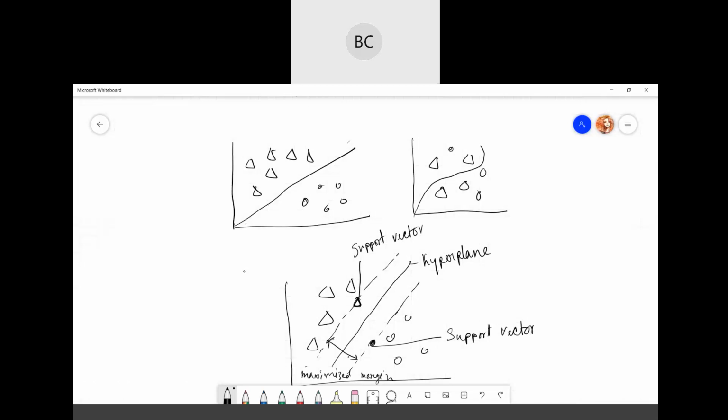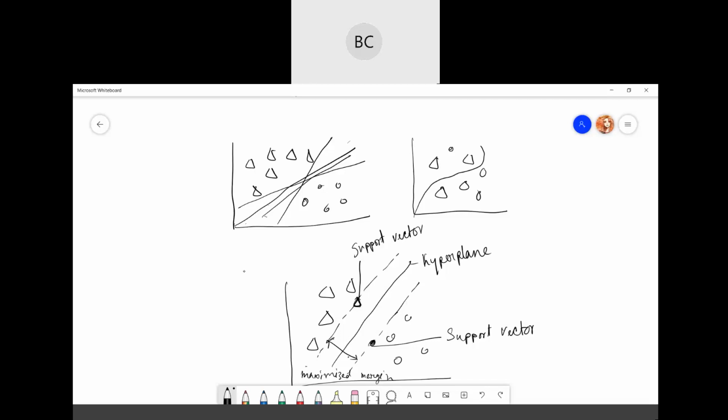This is one type. You can also draw it like this, like this, like this. That means there can be so many boundaries or lines you can draw between two categories. Among all these boundaries, you have to find out which one is the optimal line.